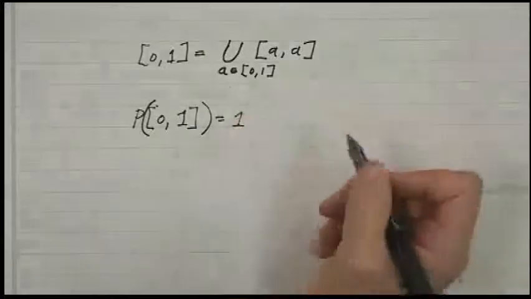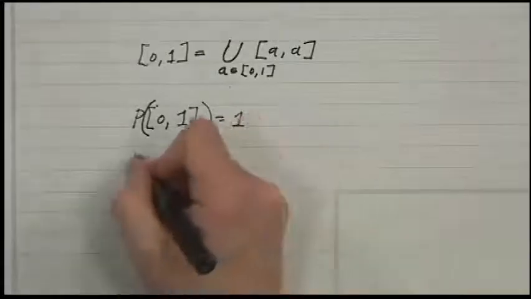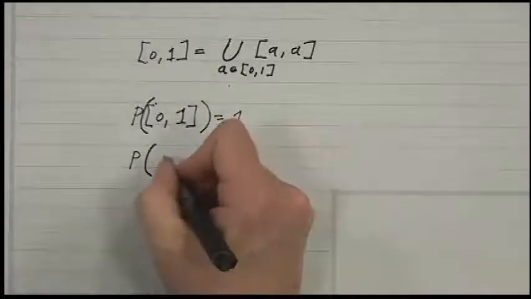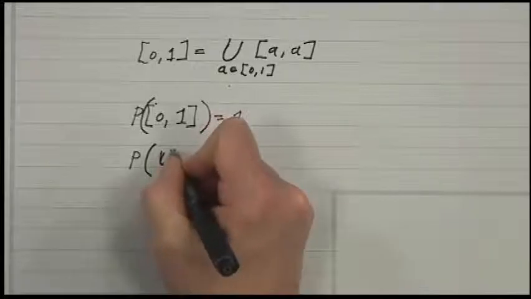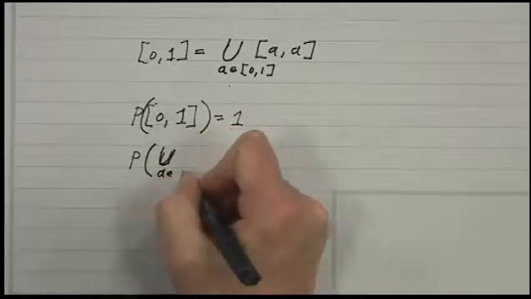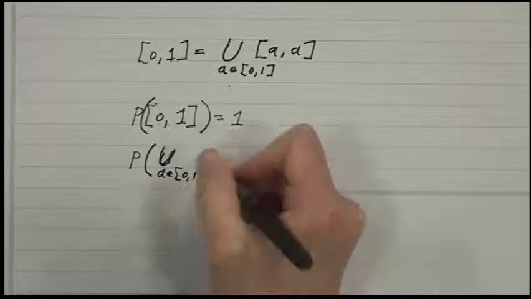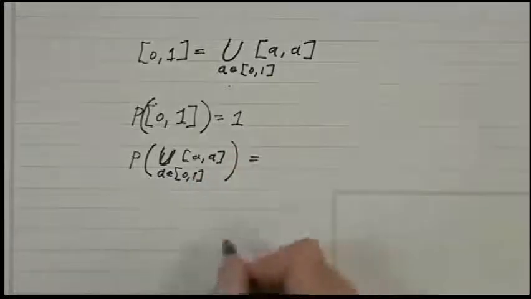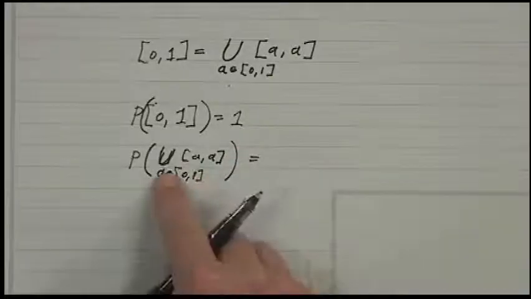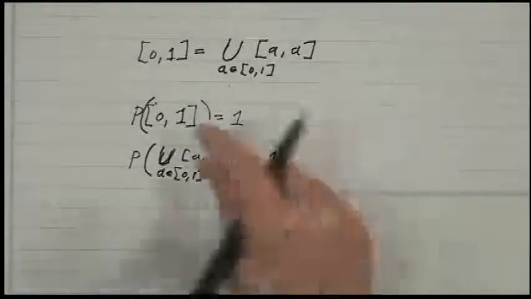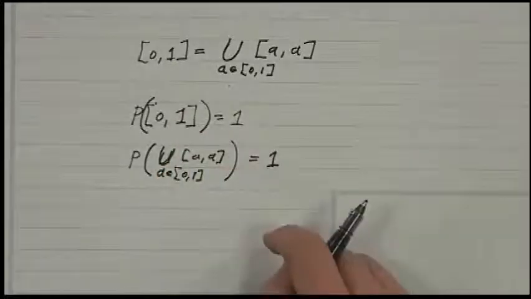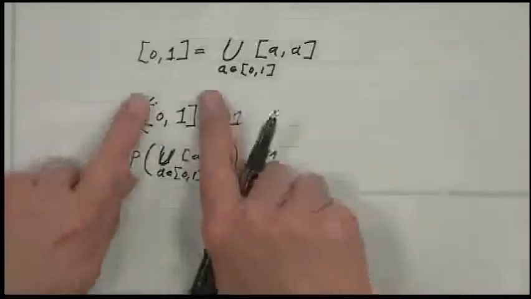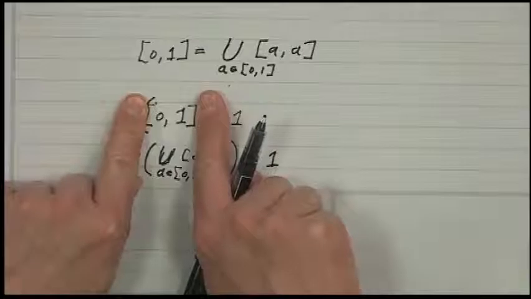Now, if I take the probability of the union over A in the interval 0, 1 of the sets [A, A], it has to also equal 1, because these two sets are equal.